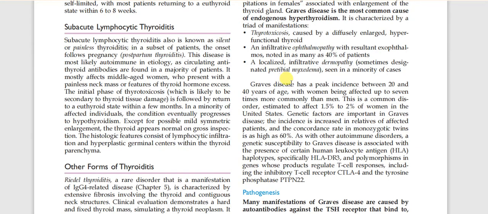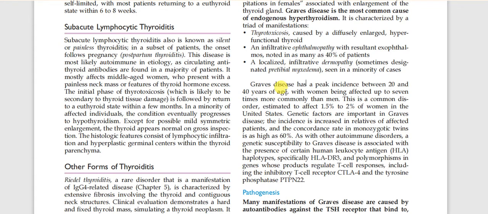Their active site acts against the TSH receptor, and instead of binding and killing this receptor, it causes activation of this receptor, and that's why the thyroid gland is stimulated. So antibodies produced by plasma cells act in the same way as TSH produced by the small pituitary gland, and of course these antibodies against the TSH receptor cause overstimulation of follicular cells of the thyroid gland, and they produce a lot of T3 and T4.